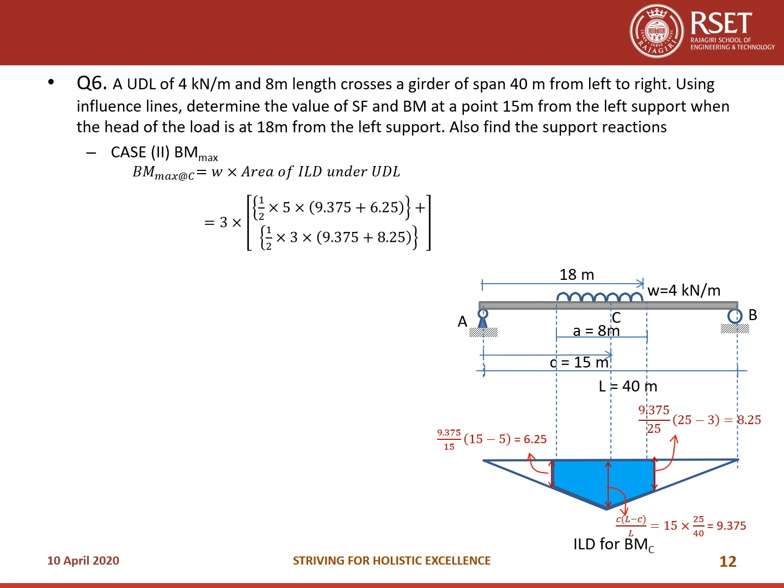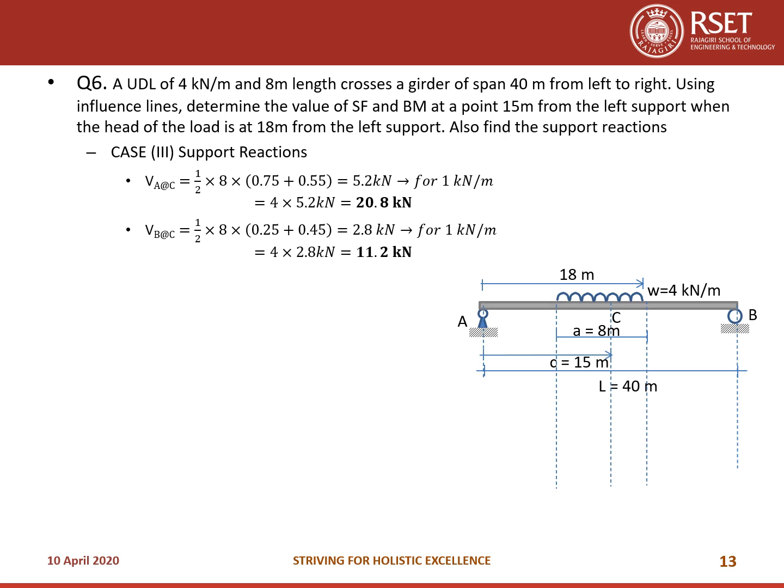The center part is C into L minus C by L, which you get as 9.375, and the left part will be x by L, where x is nothing but 15 minus 5, into 9.375 by 15. Take similar triangles on both sides, and you will get these values. And you will get it as 65.5 kilonewton meters.